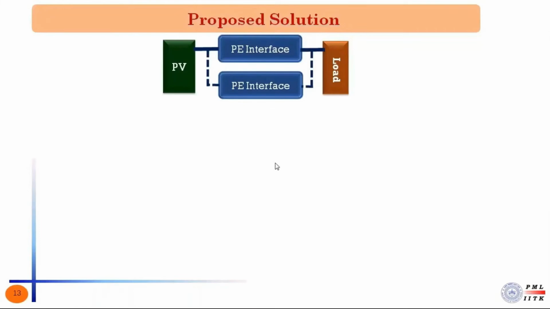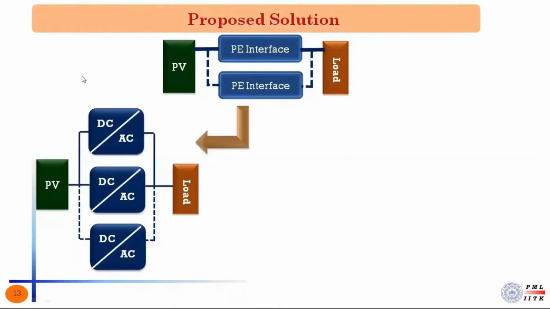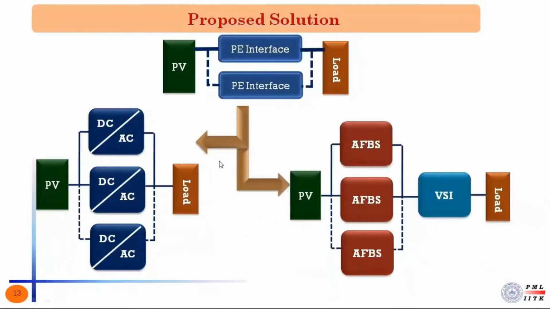So let's see. In the first way, the entire DC to AC converter, that is the CFSI, can be considered as one module, and several such modules can be connected in parallel. Or only the active front-end boost stage can be considered as one module, and several such modules can be connected in parallel while keeping the voltage source inverter stage intact.